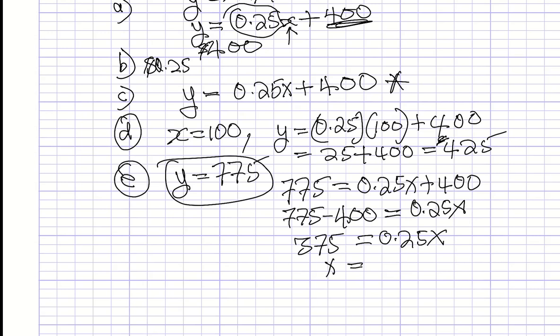Then x equals 375 divided by 0.25, which gives you 1,500 items. That's what you produce if the cost is 775. And we are done with that one, so we'll move on.